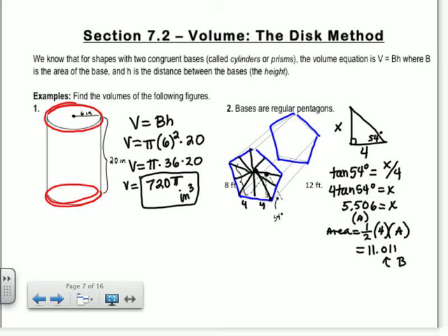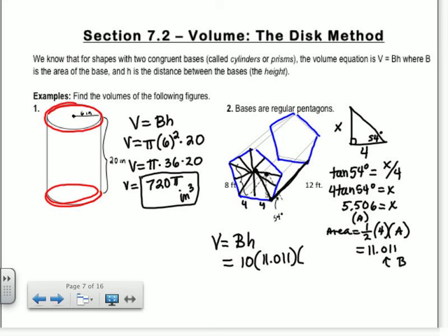All right, so my area of my base is 10 of those things. Does that make sense? Do you see 10 of them? So I have 10 times 11.011, which we stored as B, times H. So the height of my prism is not the height that I found before, it's this.